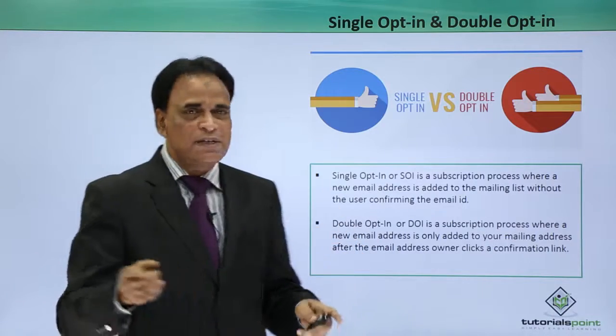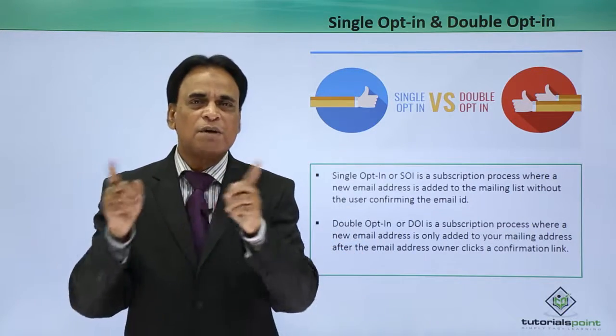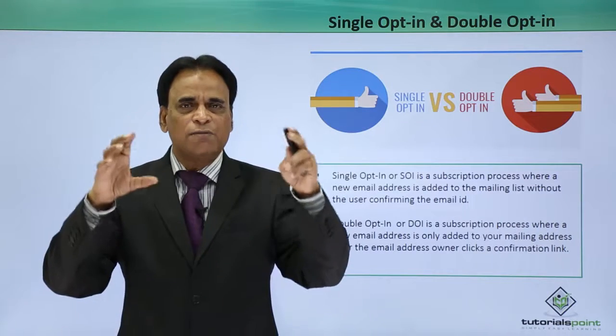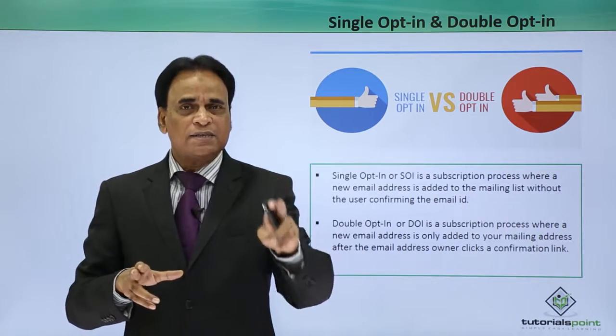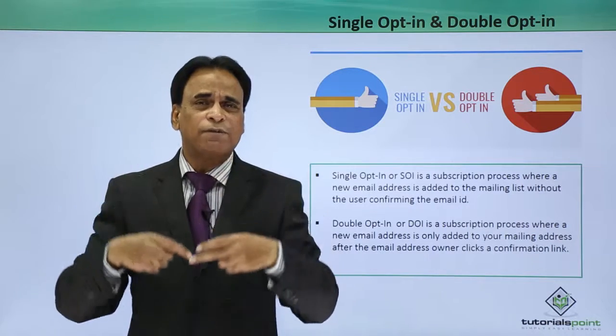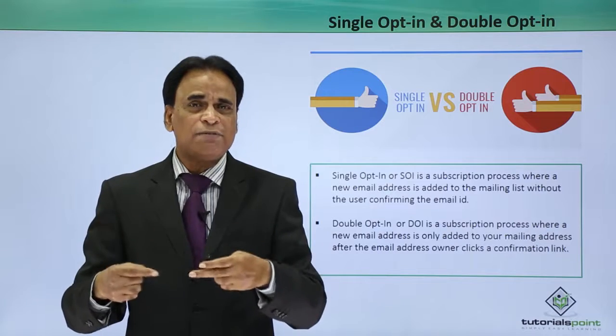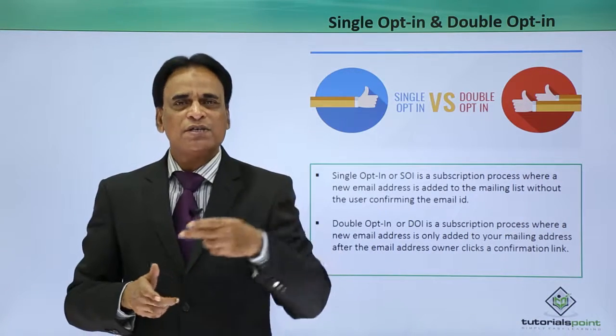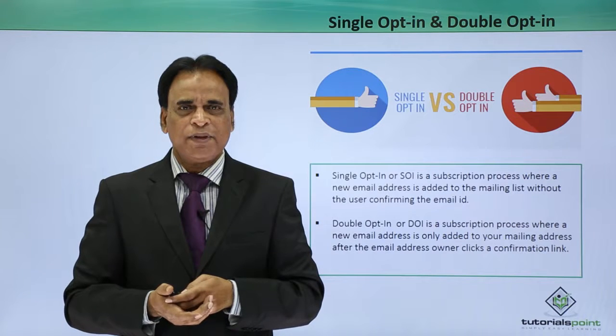Double opt-in is completely opposite, in sharp contrast to it. I go to a website or a landing page, there is a form again, I give my name and my email ID and submit. Instead of getting the first email from them, what I get is a confirmation link. It says, hello, you just subscribed to our mailing list, thank you so much.